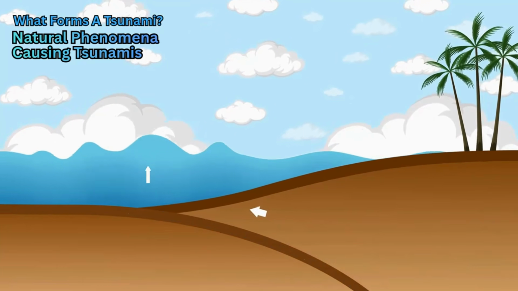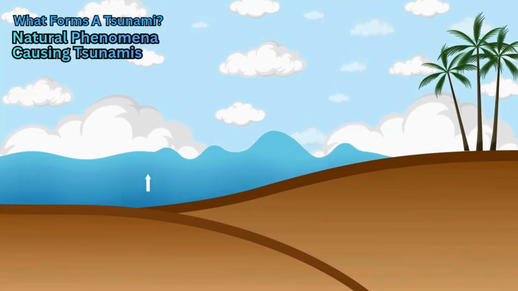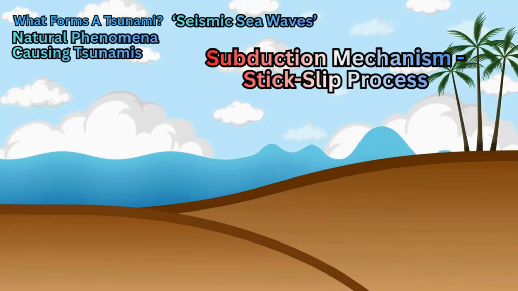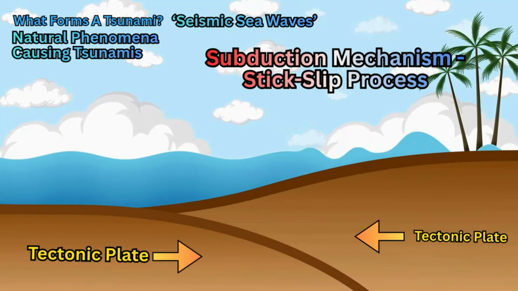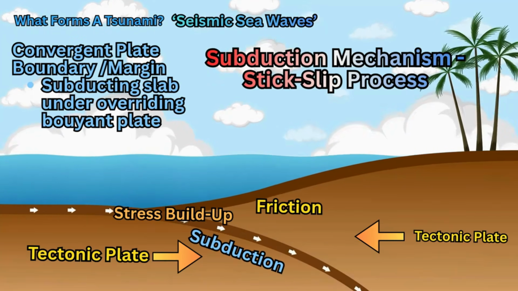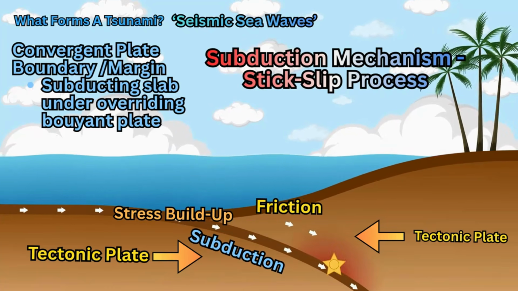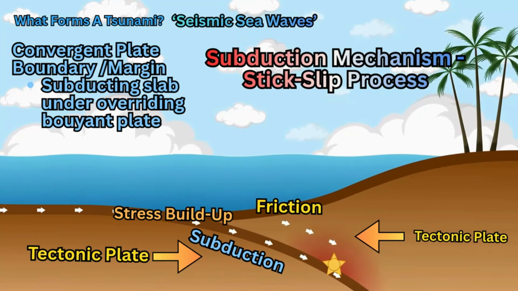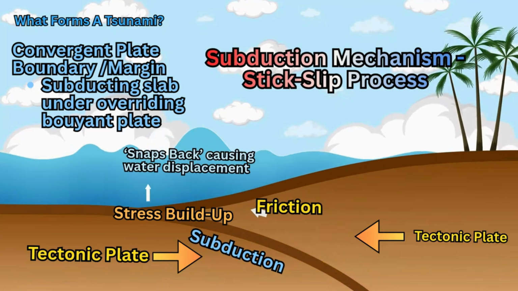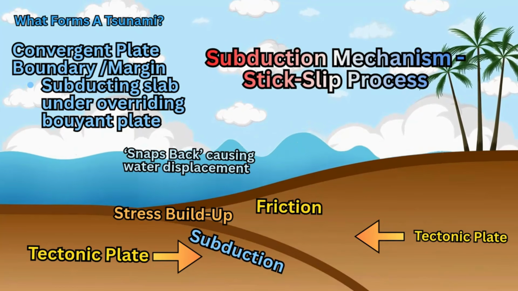Now, one mechanism that forms tsunamis or seismic sea waves is subduction and the stick-slip mechanism, whereby friction occurs between two tectonic plates in a convergent plate boundary where one plate is subducting under the other due to slab pull and density differences and gravity, and the lighter, more buoyant plate on top is going to be dragged down with the subducting slab.